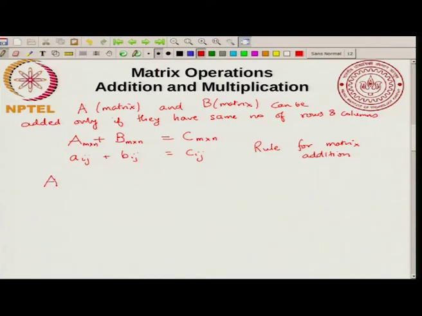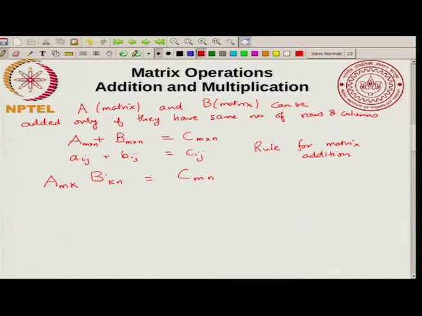You can multiply an m by k matrix with a k by n matrix to get an m by n matrix. So you can multiply two matrices only if the number of columns of the first matrix is equal to the number of rows of the second matrix.